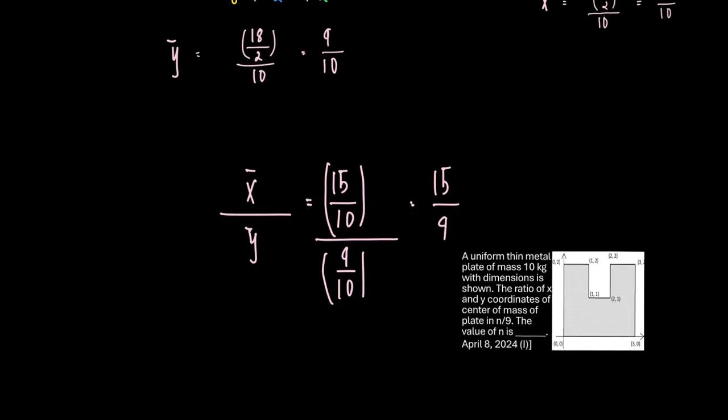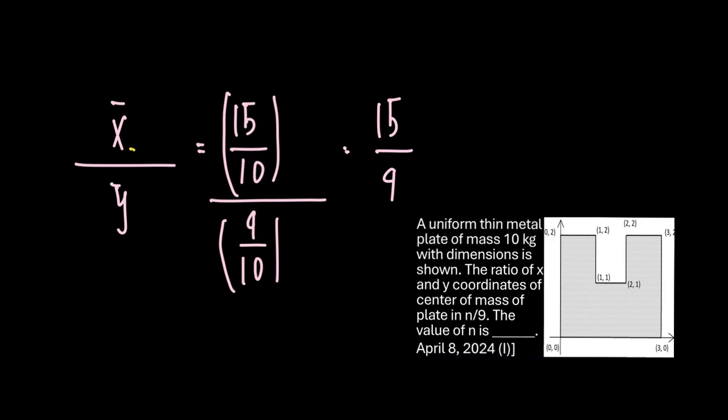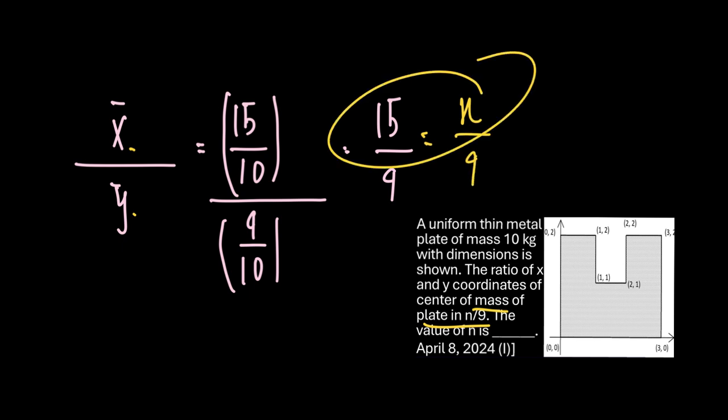Therefore, the coordinates of x bar and y bar are 15 by 10 and 9 by 10 respectively. So the ratio of x bar and y bar becomes 15 by 10 over 9 by 10, which is equal to 15 by 9. The question gives the ratio as n by 9, and therefore the value of n should be equal to 15.